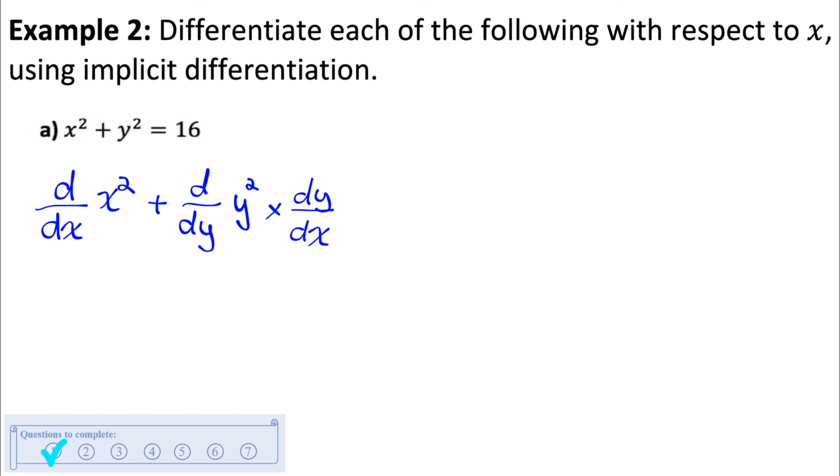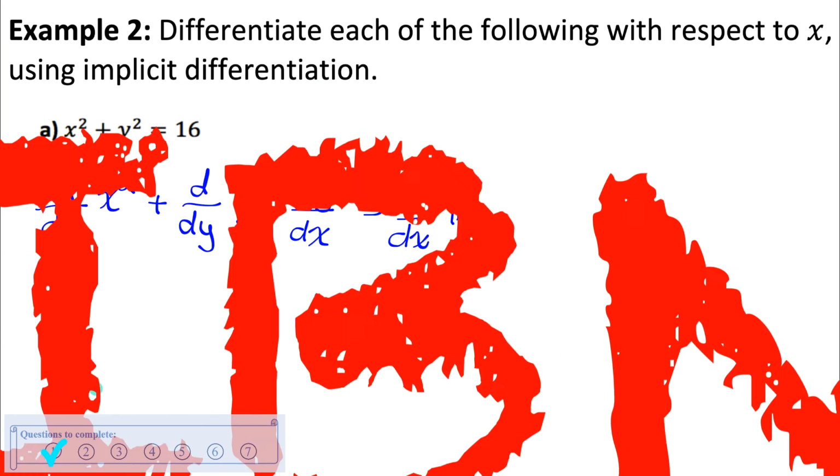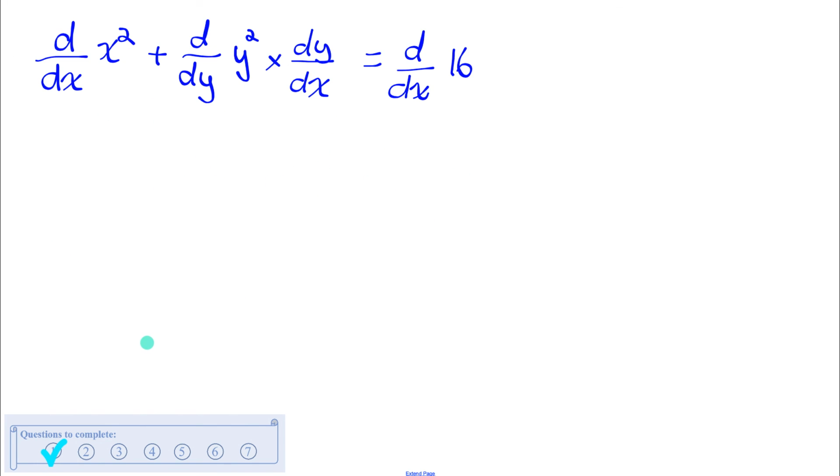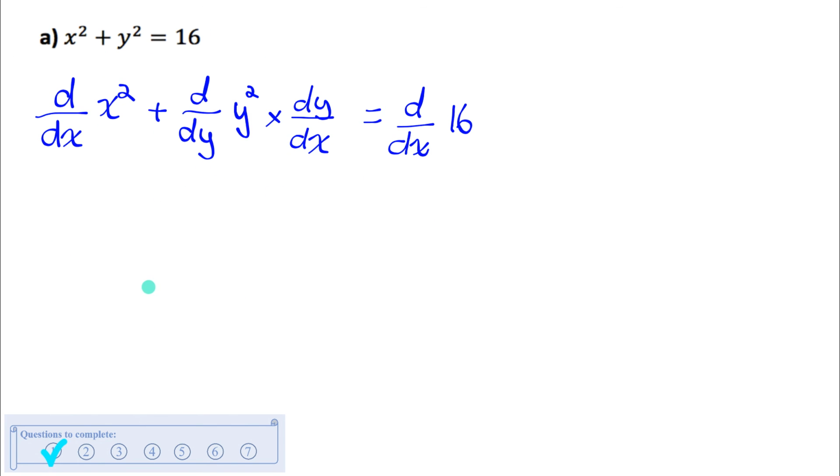See how that leaves me with the derivative of y squared with respect to x. And then on the other side, that 16 is also going to have to be differentiated with respect to x. I wrote this out in Leibniz notation. As we get better at this, we probably won't need this line, but this is just a way of communicating what I need to do with each of these terms.